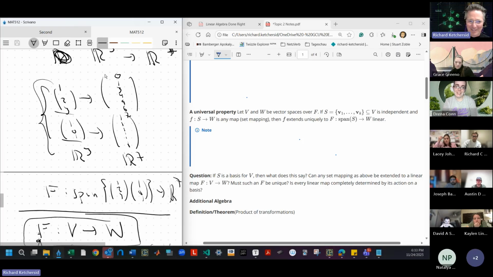Because I can take these two vectors, throw in a third one linearly independent from those two, so I have a basis for R3, and I can extend that any way I want. In fact, I could just map all those things to 0, so in particular, I could make that the null space of my new map, if I wanted to.